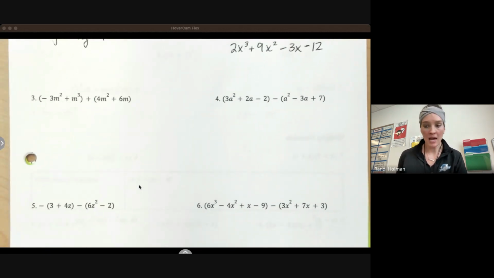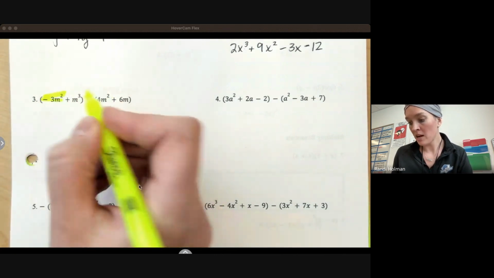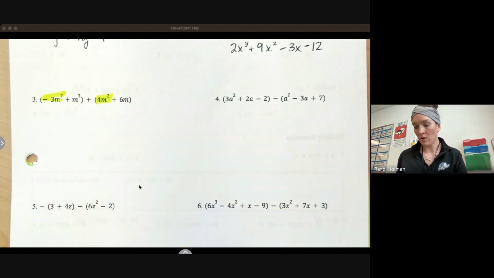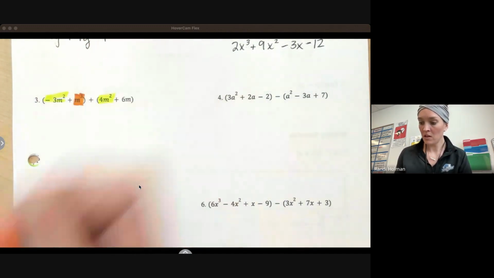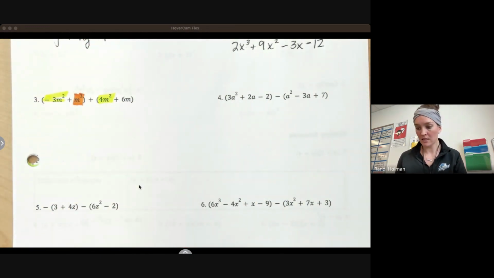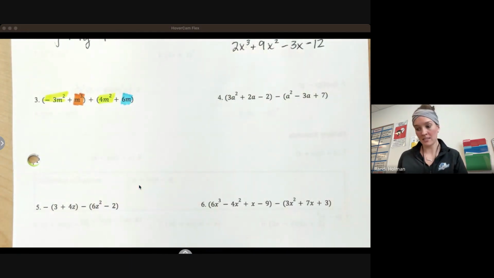Okay, again, adding, these parentheses aren't really doing a lot because we're adding, so just identify your like terms. I have negative 3m squared, 4m squared. I have m cubed and 6m. So we're just going to add together the things that we can.